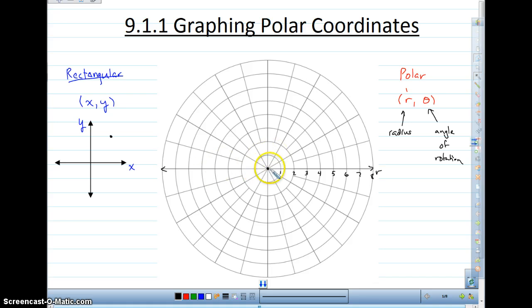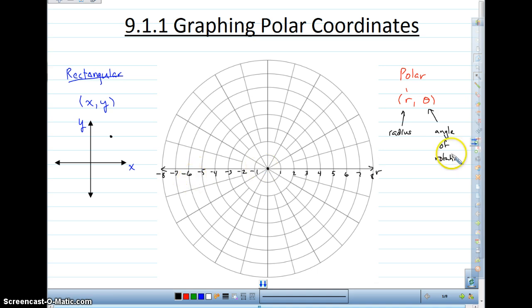If we go to the negative side of the radial axis, this would be -1 radius, -2, -3, -4, and all the way back out to -8 as well. So our radius not only tells us how far away from the pole to go, but which side to go from. If we have a positive radius, we would start on this side of the radial axis. If we have a negative radius, we would start on this side of the radial axis.